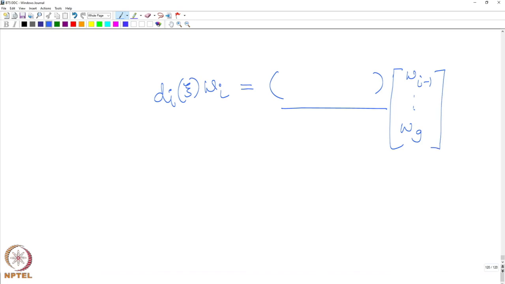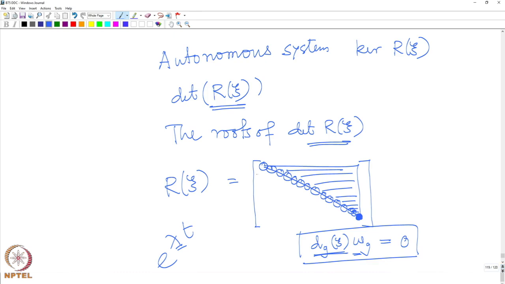That is how you get the solution. So once again the mode of the solution is determined by the roots of this polynomial. Together, all the roots of these diagonal polynomials describe the solution.